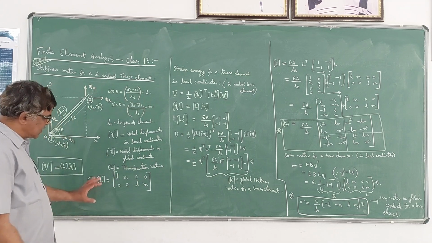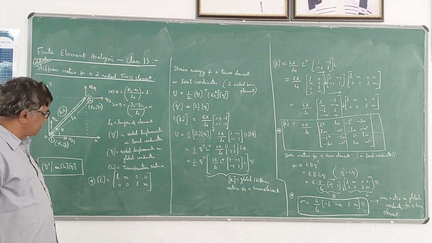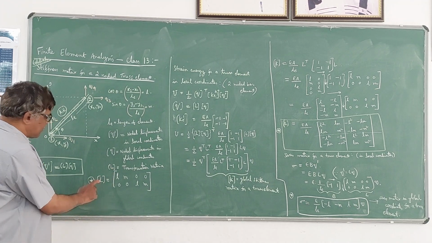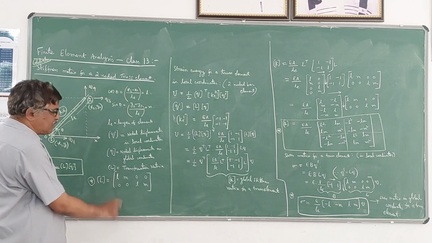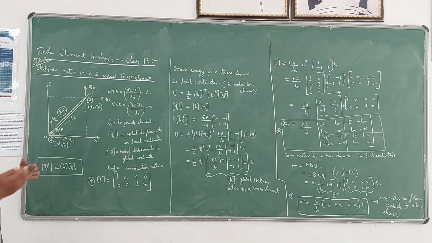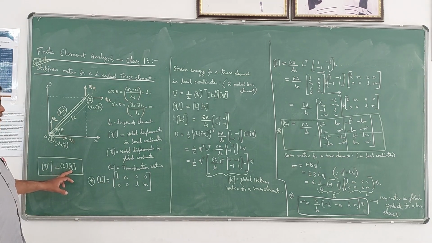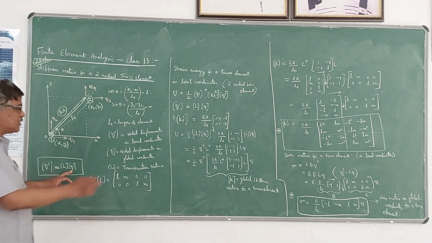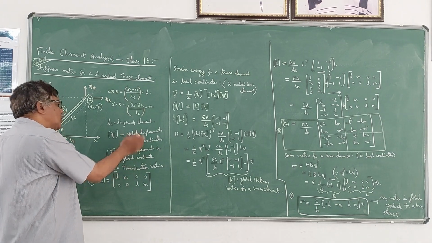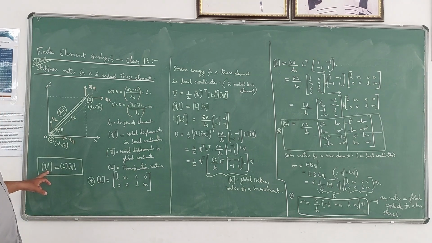You can always derive this, but it is not required here. You just remember this is the transformation matrix L, which transforms the nodal displacements in global coordinates to nodal displacements in local coordinates.